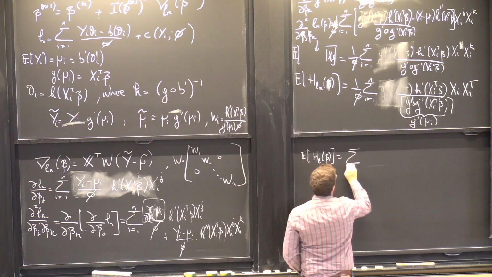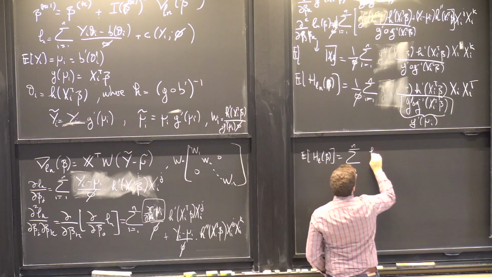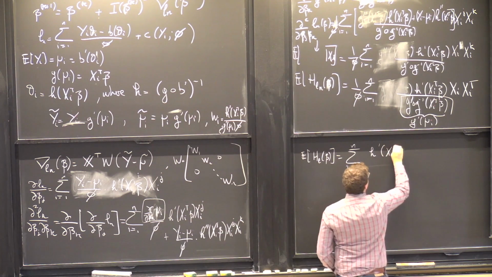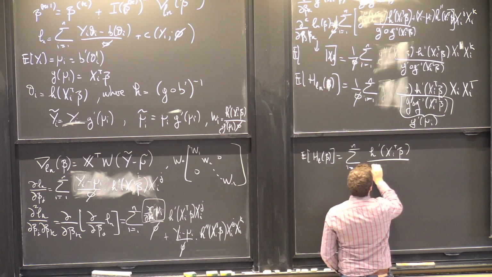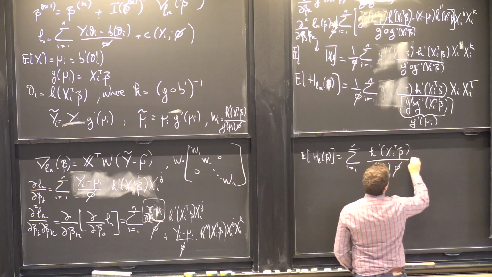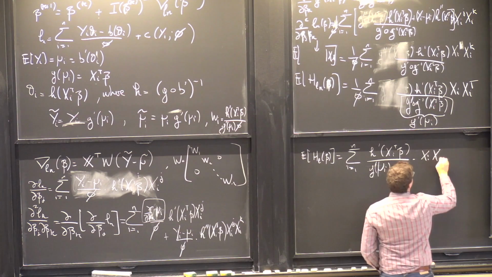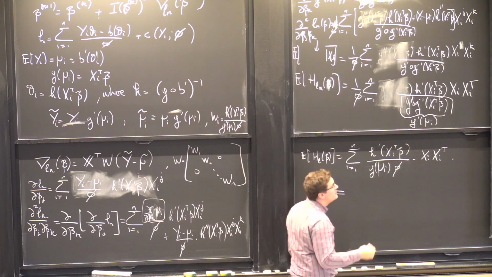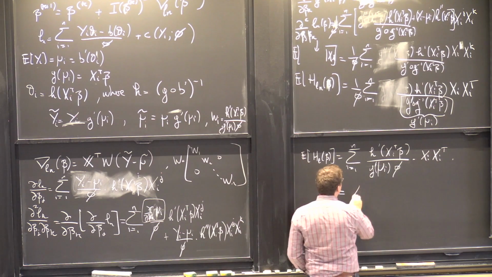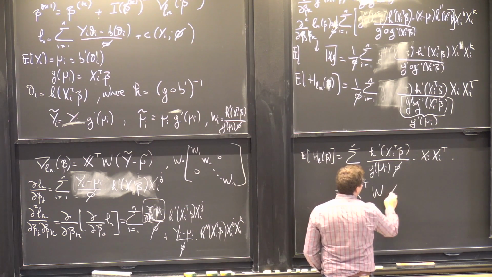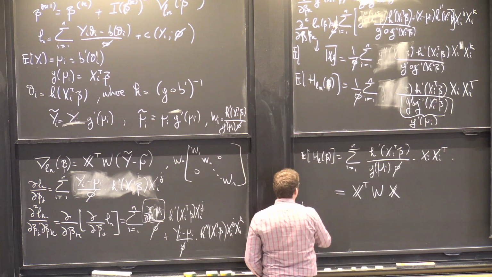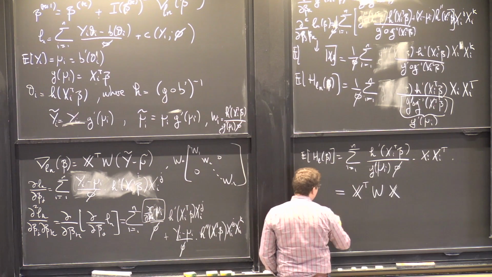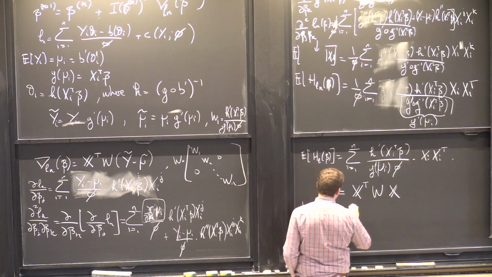So now I have something which looks like the sum from i equal 1 to n of h prime of xi transpose beta divided by g prime of mu i times phi times xi xi transpose, which I can certainly write in matrix form as X transpose W X, where W is exactly the same as before.